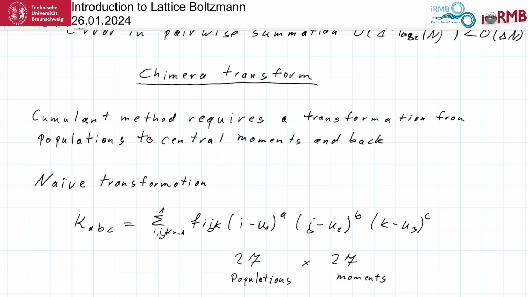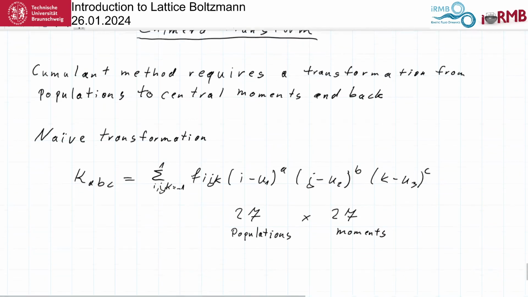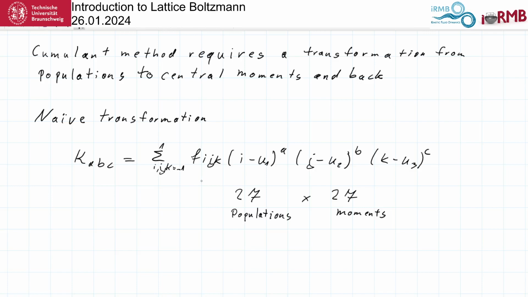Every time you have to sum over all the 27 terms to get all the other moments. Okay, this is the naive way of doing it, and we already learned that it's not a good idea to use naive summation. At least we should do pairwise summation, but there is something a little bit more clever, because there's also a naive pairwise summation, right? So you could also improve on this still.